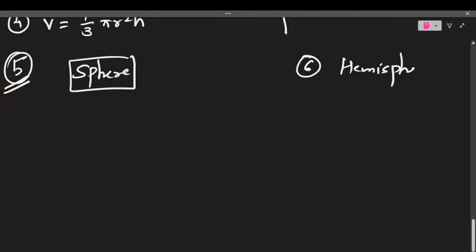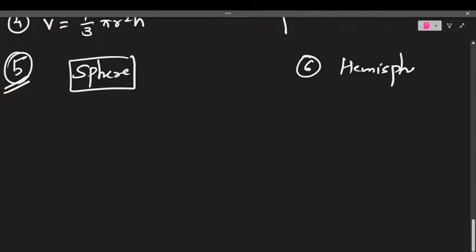After this we can discuss a spherical shell. There can be a hemispherical shell and a cylindrical shell. What is it?